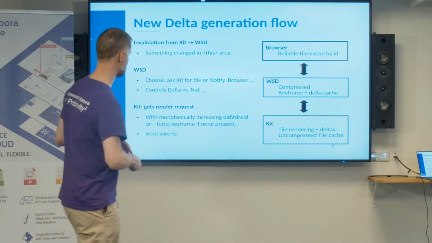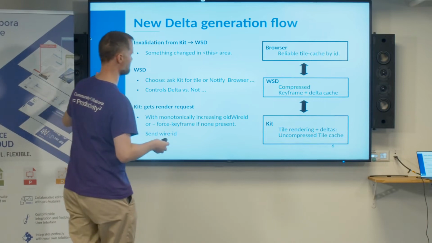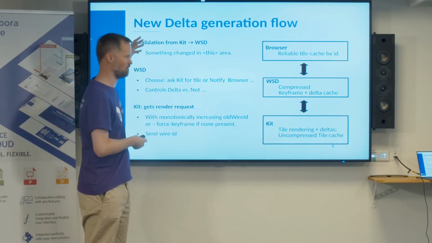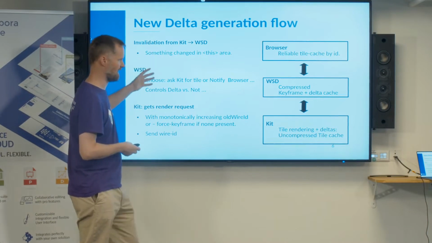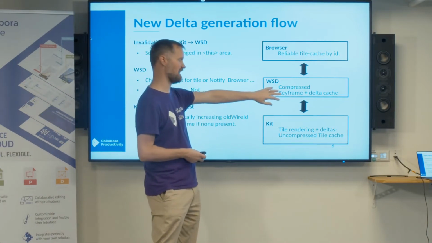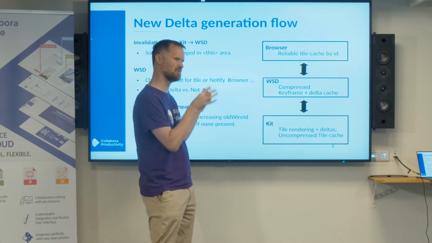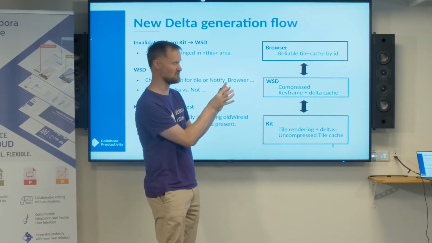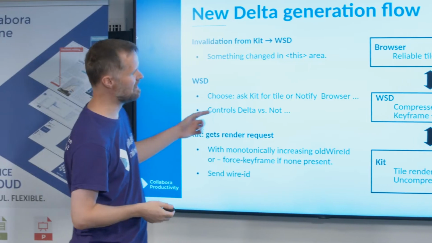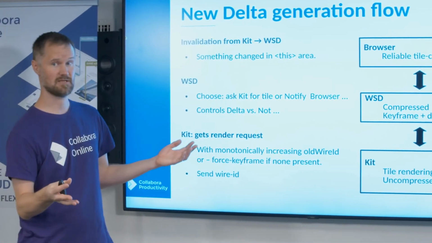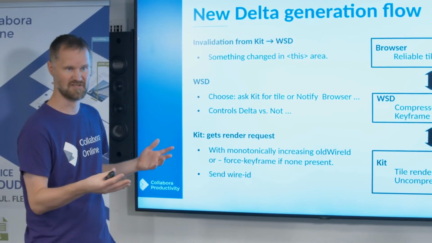So the new world, the Delta world, is rather similar. The core still tells us what changed, and then this can ask, and here we have a cache of all of the keyframes and deltas compressed. So they're like a PNG, plus the changes on top. And then we can tell the kit, well, we need you to render something.